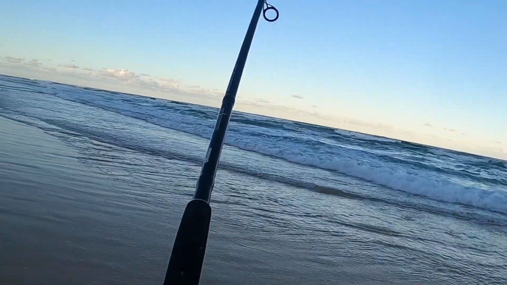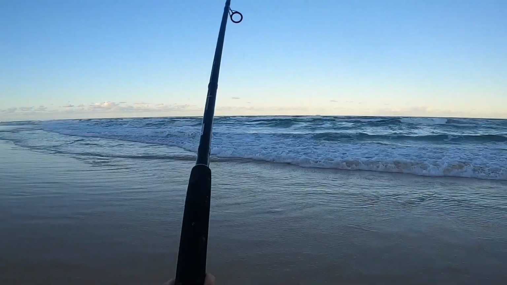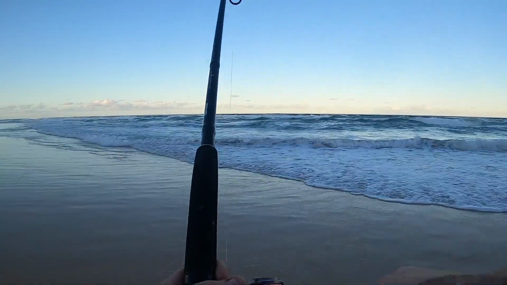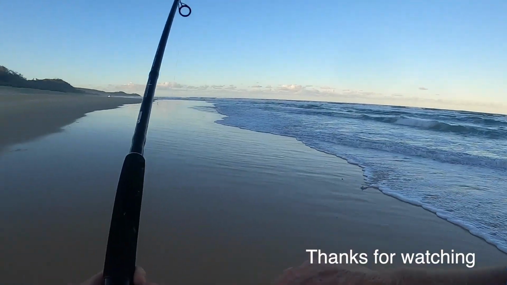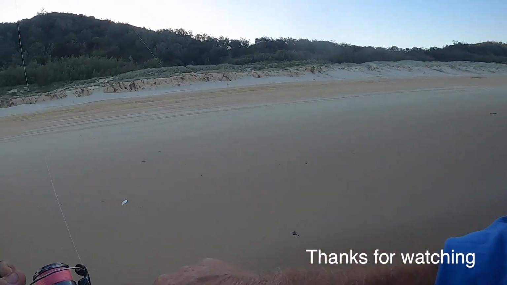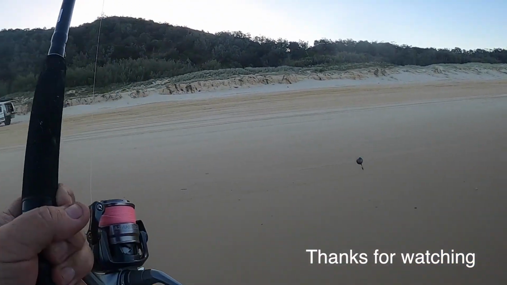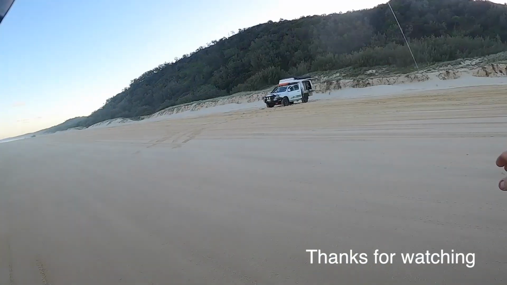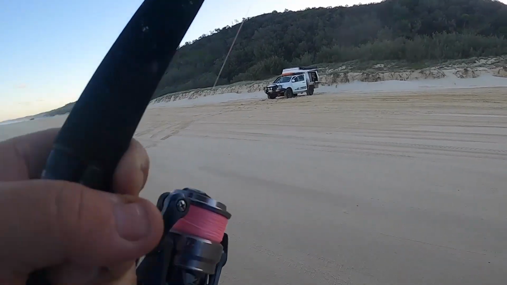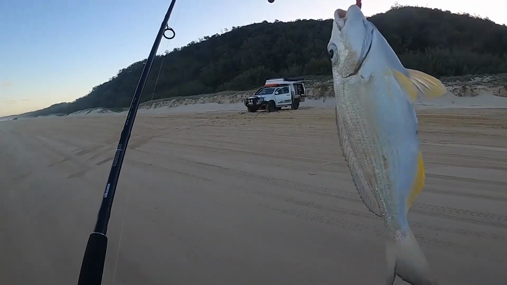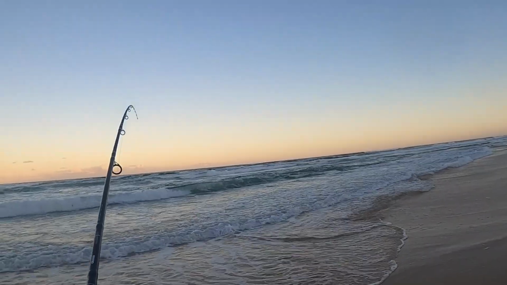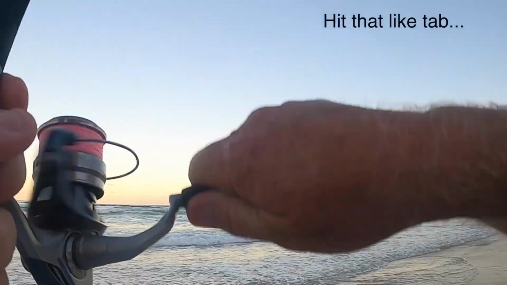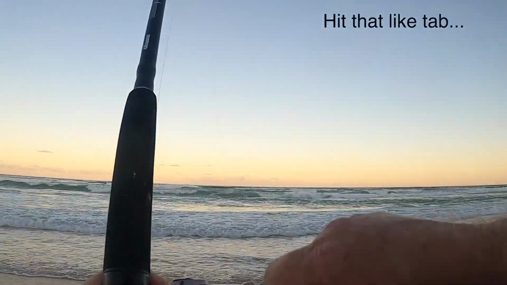Wait for this wave. There you go, a tarwine. Not a bad tarwine either. That's another good fish.